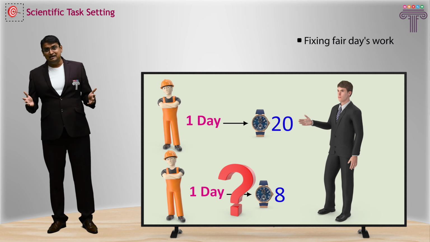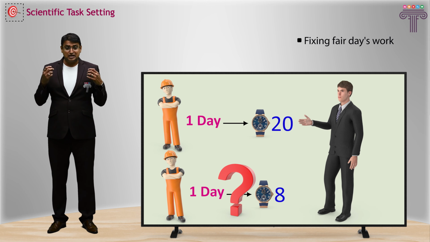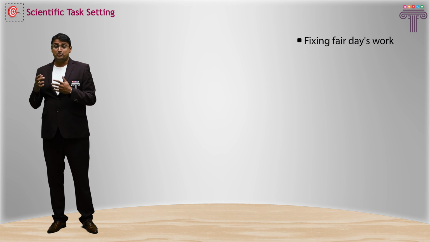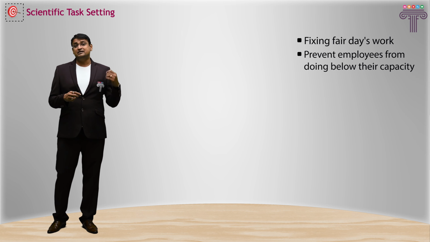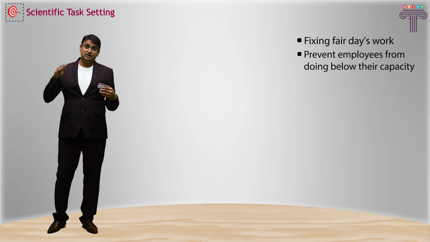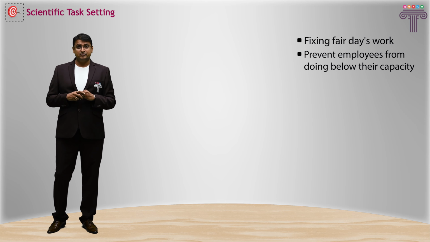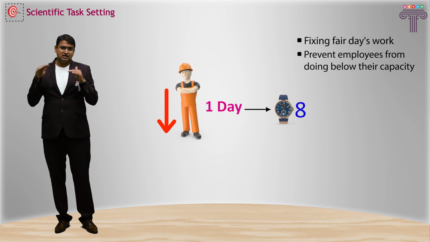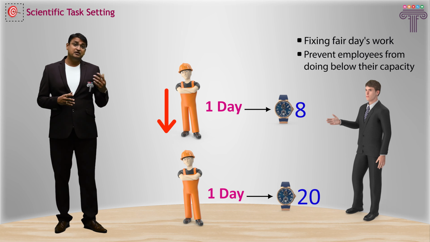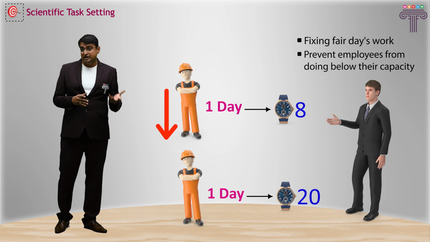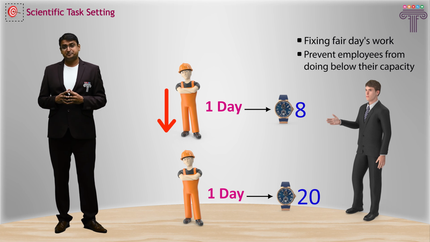So scientific task setting helps and provides great control over employees' underperformance compared to their standard capacity. If somebody is performing less than the capacity, we can directly ask them to identify the reasons why they are performing below their capacity.